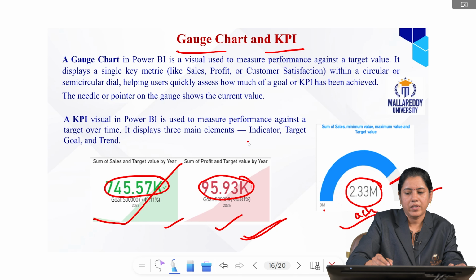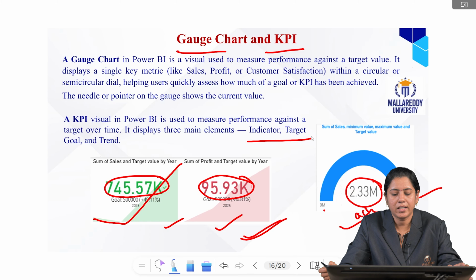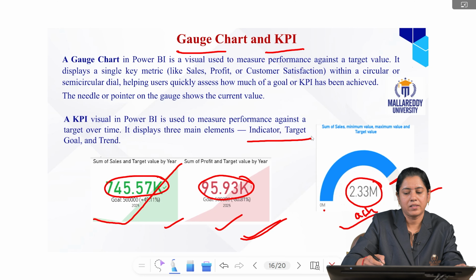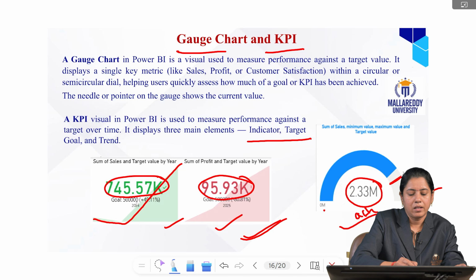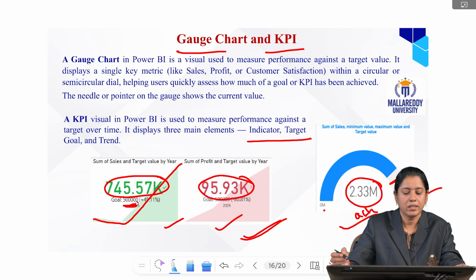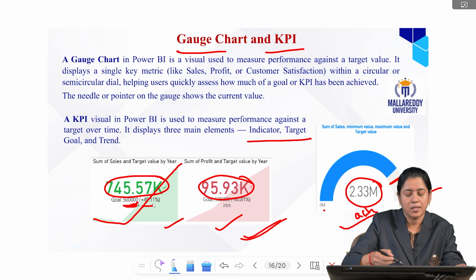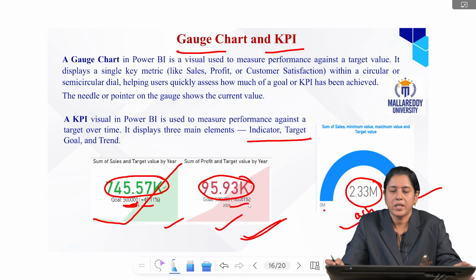So there are three elements in the KPI: indicator, goal and trend. Trend is the background, and goal is the target we are displaying here. Plus means we reached the target, showing how much percentage we reached. Minus means we have not reached the target.